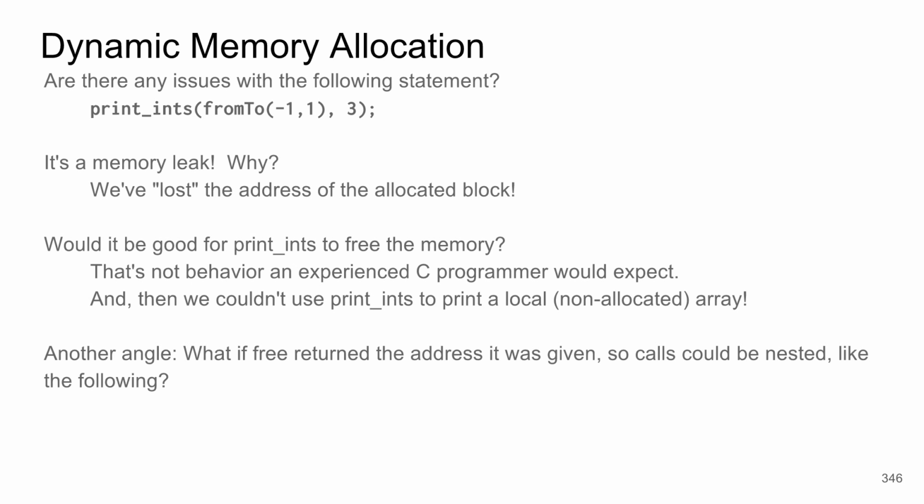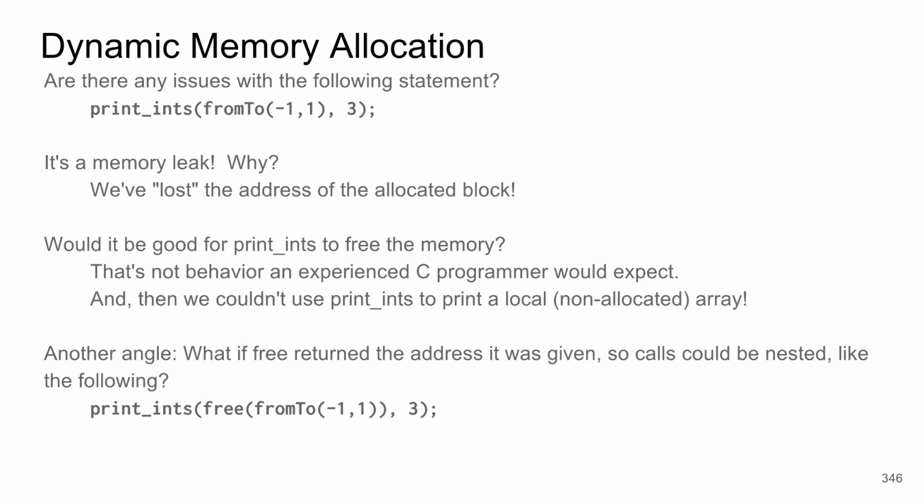So another angle, what if free returned the address it was given? So calls could be nested like the following. Would that be good? No. Why? Because free is called before the print, so the memory is already freed.